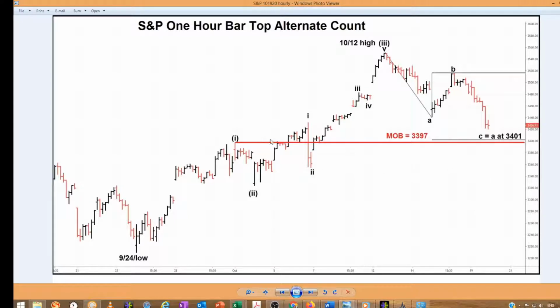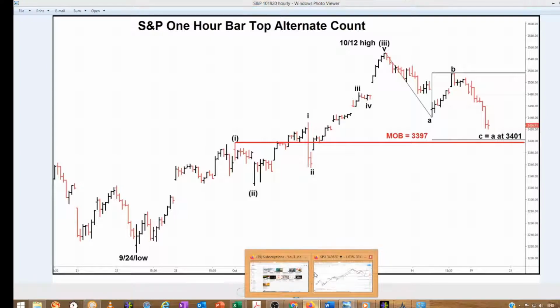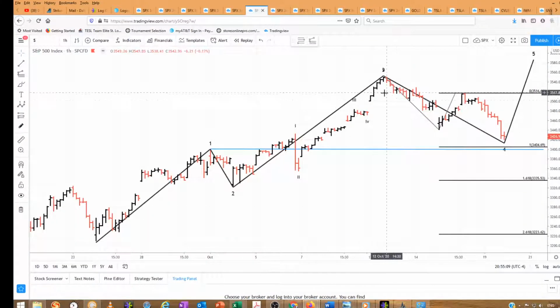This wave count is wrong. If it holds, then we're going to new highs above the October 12th high, which I believe, let me get back into that there. That October 12th high was 35.49. So there we are at the make or break on the high end and the make or break on the low end.